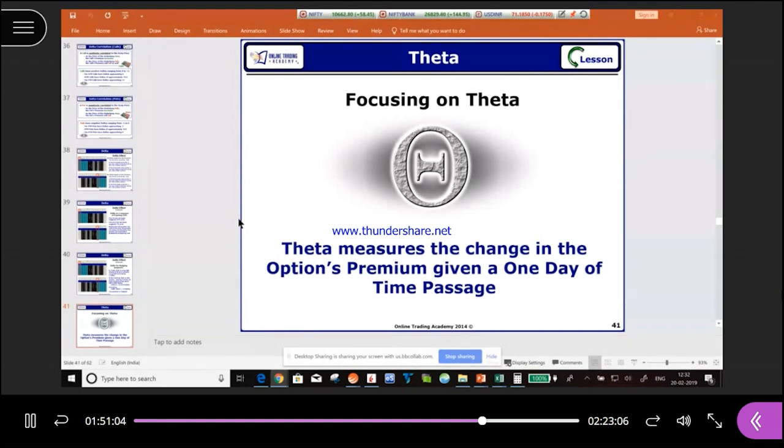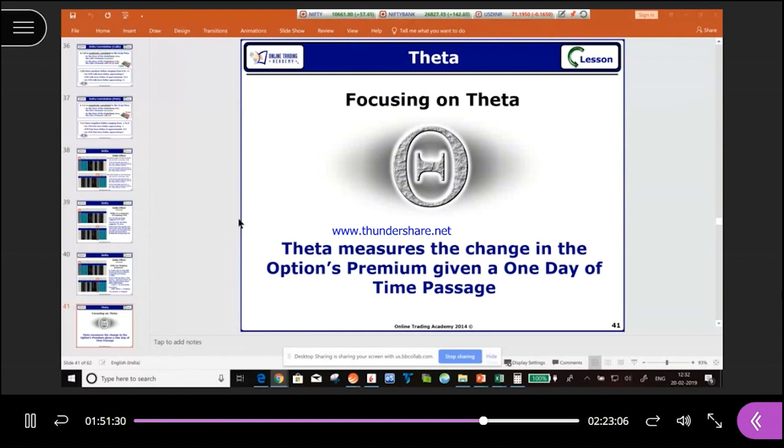Theta invariably works every single day. Every single day theta will work. The only thing is the value of theta will keep on becoming bigger as we are closer to expiry, and if you are far from expiry, the value of theta is going to be extremely less. Got it? One every single day, calendar day.